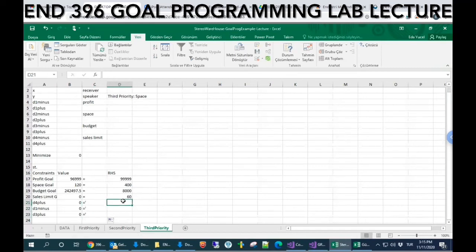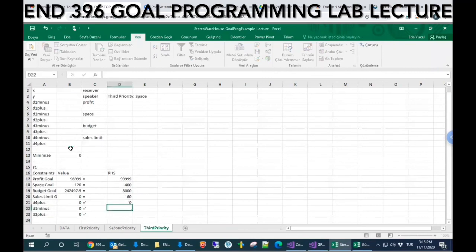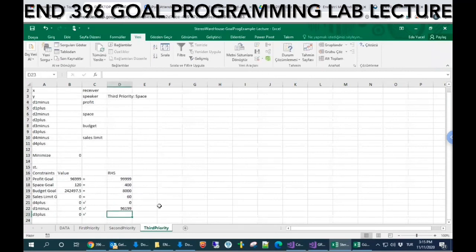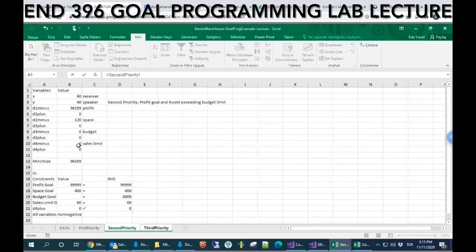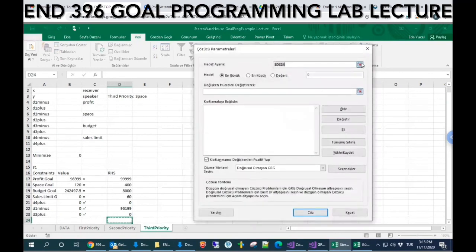And the D4 plus value should come from the solution of the second model. Similarly, the D1 minus should come from the optimal solution of the second model, and the D3 plus should come from the optimal solution of the second model. Then we can solve this model.